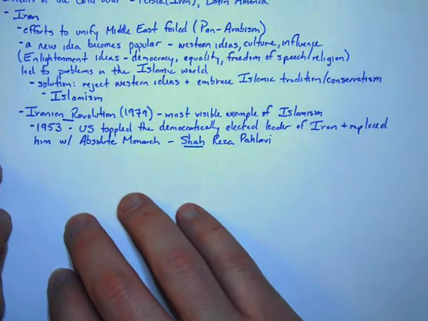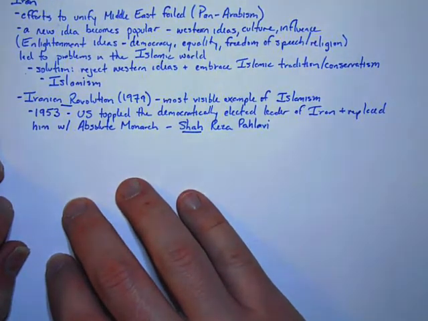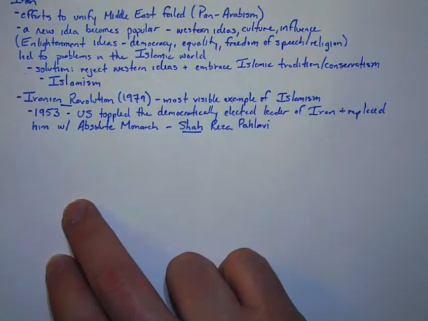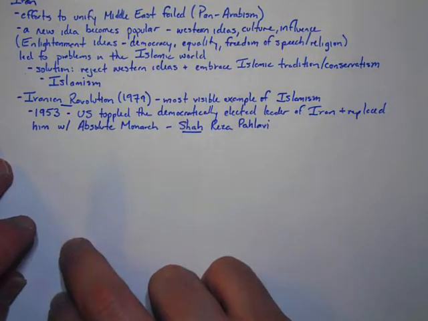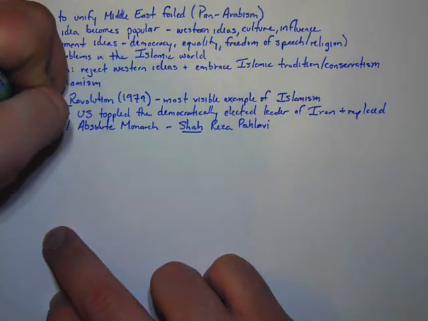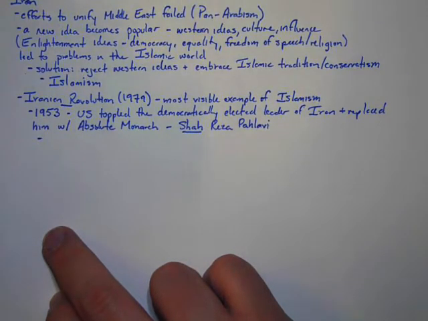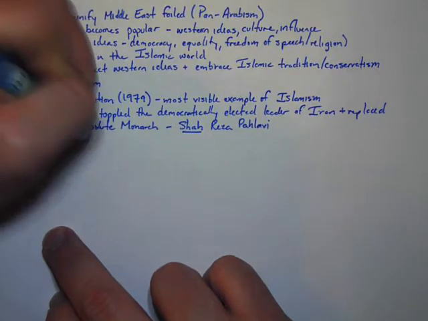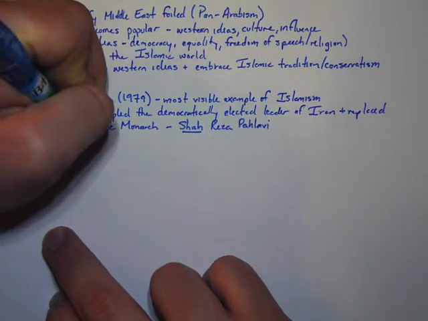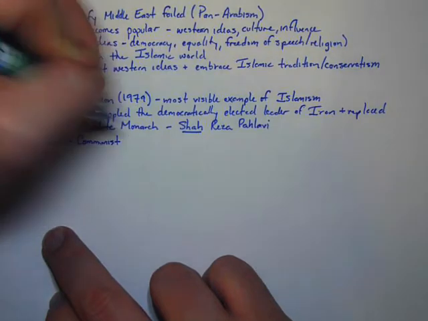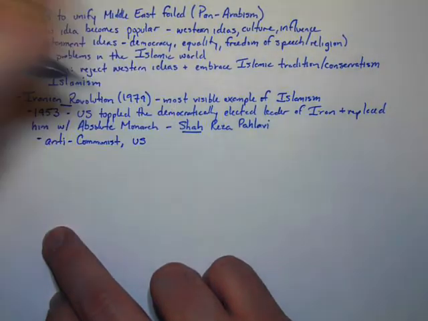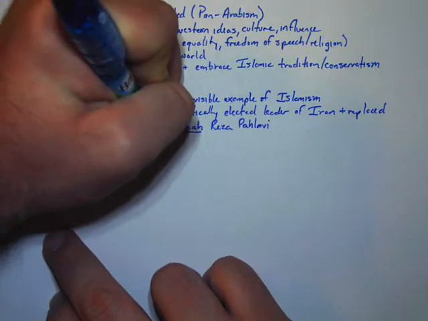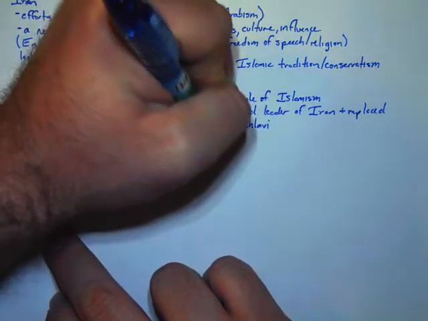So remember when we've talked about Iran or Persia before, a Shah is just the Persian word for king. Now, the most important thing to note about Shah Pahlavi was that he was an anti-communist. And because he was an anti-communist, the United States ignored everything else he did.